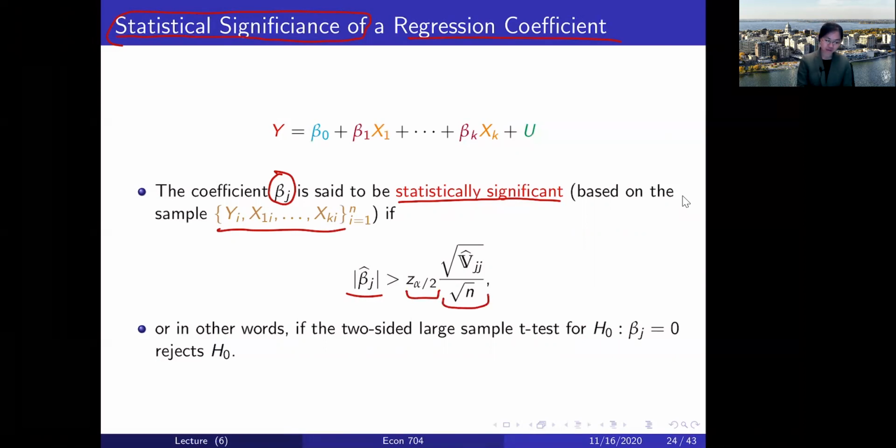Or in other words, beta j is said to be statistically significant based on the data if the two-sided large sample t-test for this H0 rejects the null hypothesis.